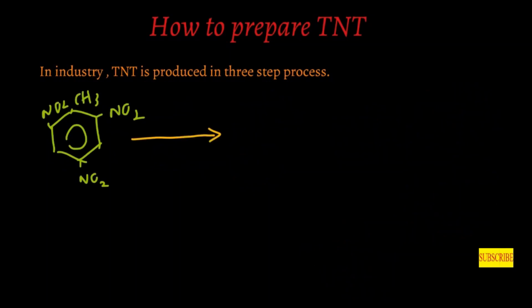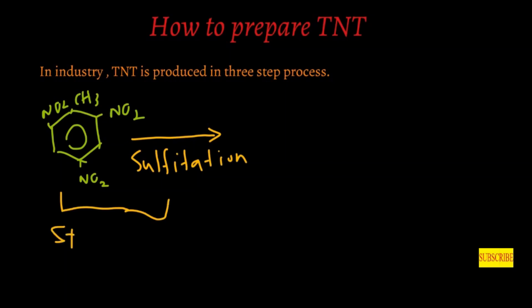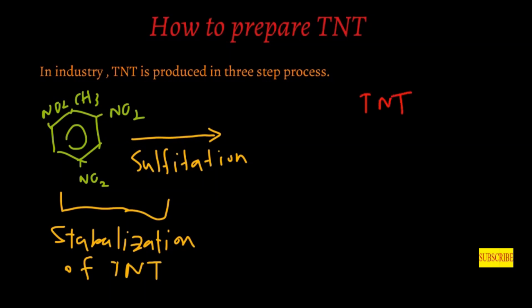After making this TNT, we need to use the sulfitation process. The purpose of this sulfitation process is to remove all the other isomers and undesired reaction products. Also, the second purpose of this sulfitation process is the stabilization of TNT.